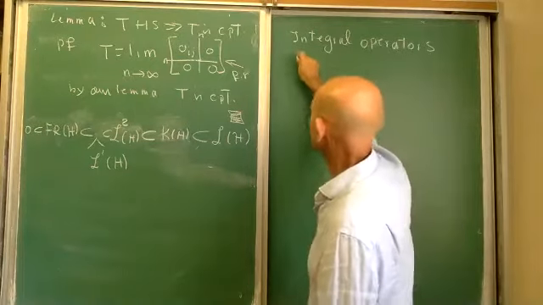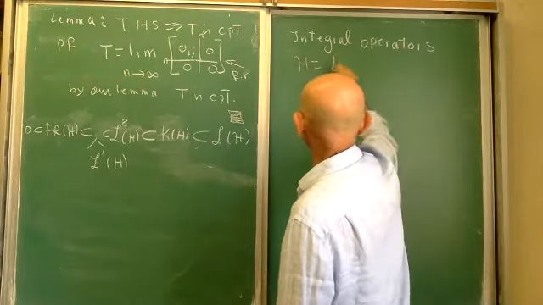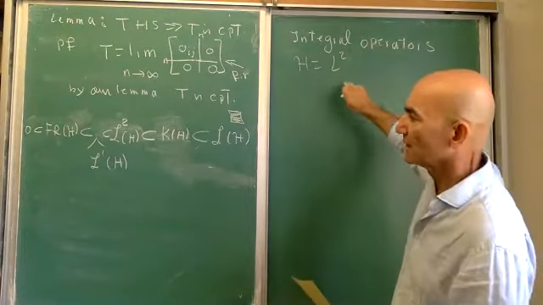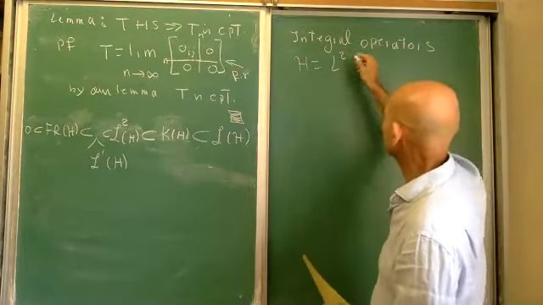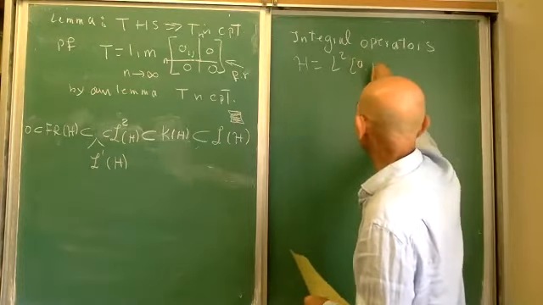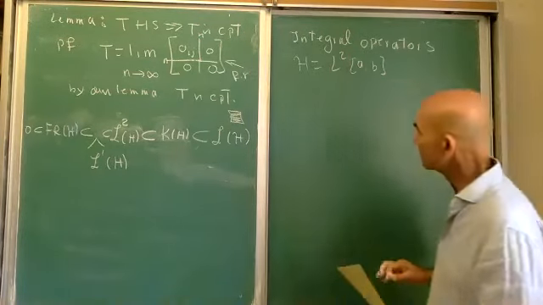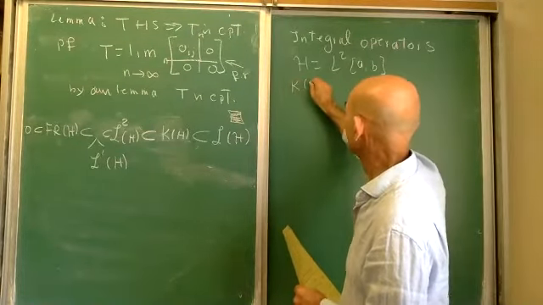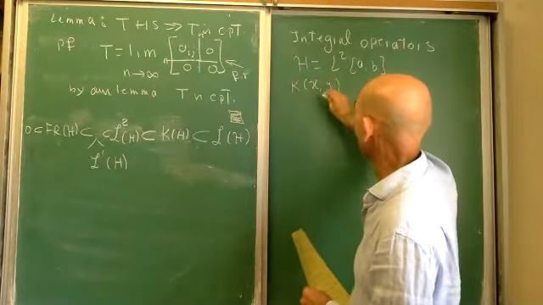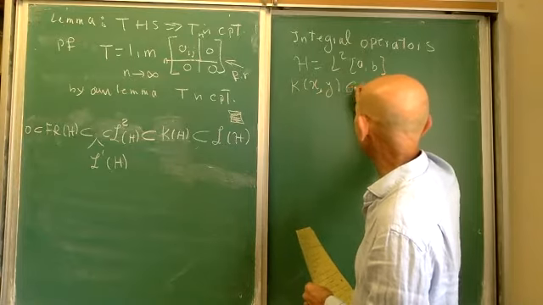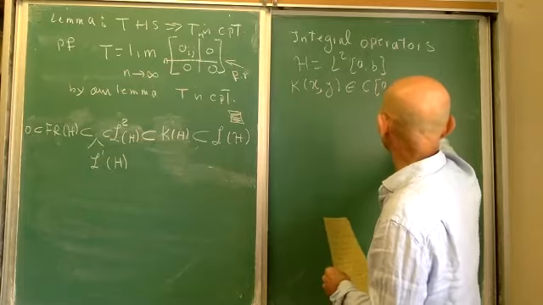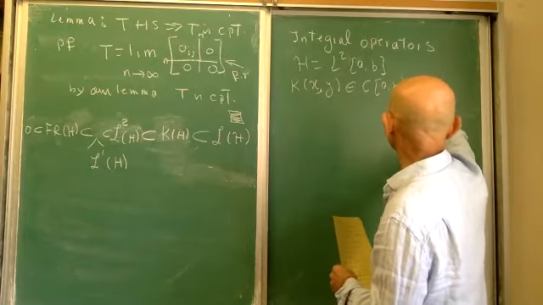In this case, we just take H to be equal to L2 of AB, some interval. You can take more general spaces, and we will do that, but let's just take this. And let's take K of XY, which really belongs to the continuous functions on interval cross interval.